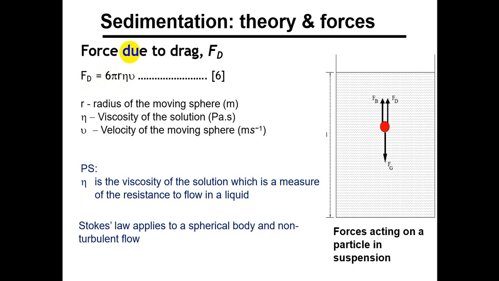This sign, looking like n, is a constant denoting viscosity. r is the radius of the moving sphere. This one is the viscosity of the solution, measured in Pascal. Then v is the velocity of the moving sphere.